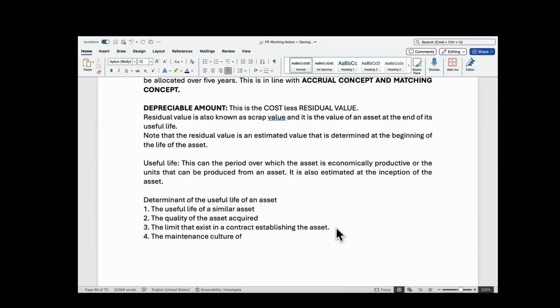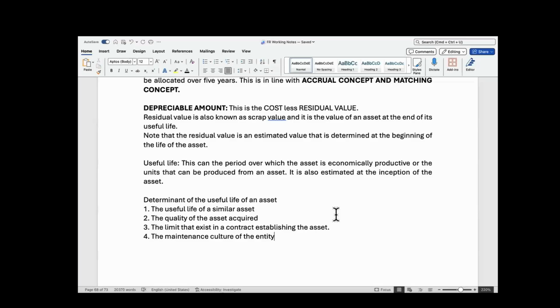The maintenance culture of the entity can also determine the useful life of an asset at the end of it, as it were.